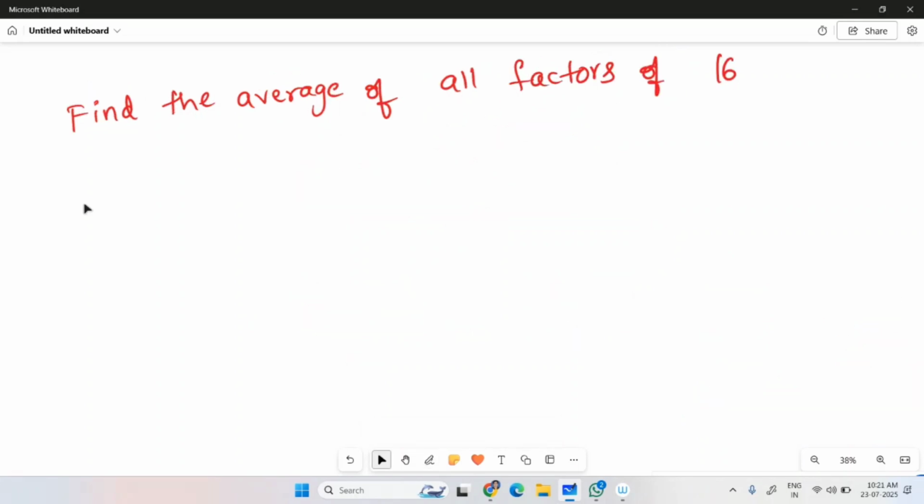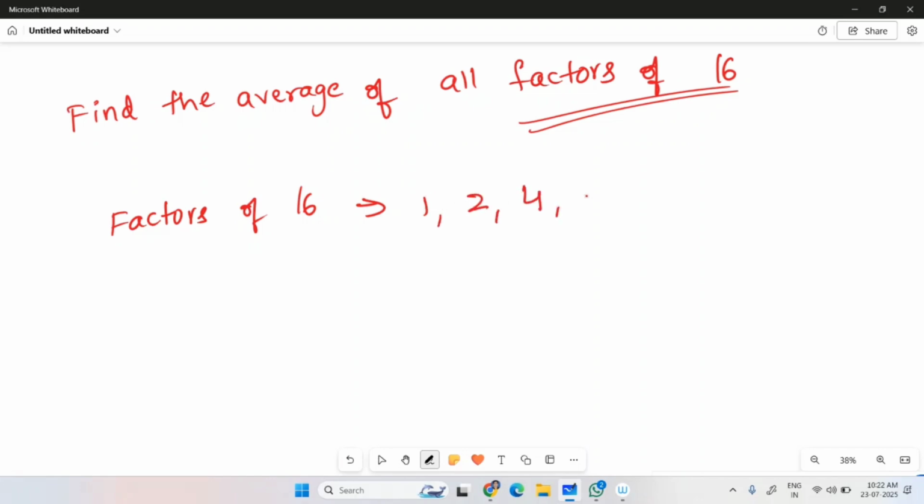Find the average of all factors of 16. First we have to find the factors of 16. Factors of 16 are 1, 2, 4, 8 and 16. Now we have to find the average of all these numbers. We know it is the sum of quantities by number of quantities.